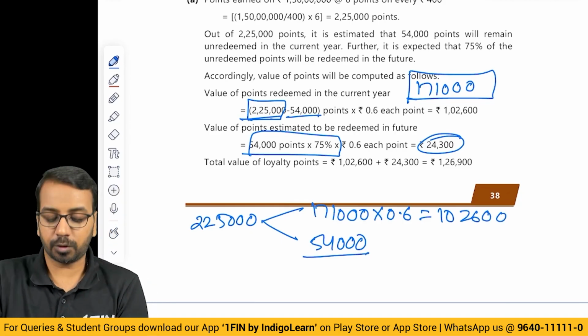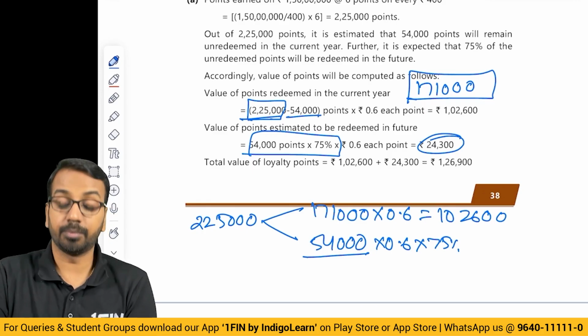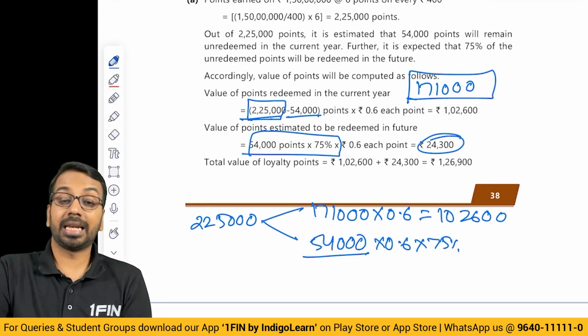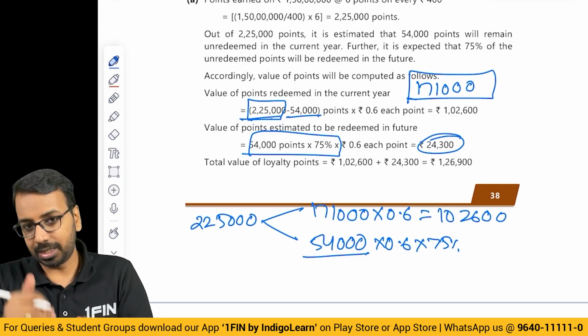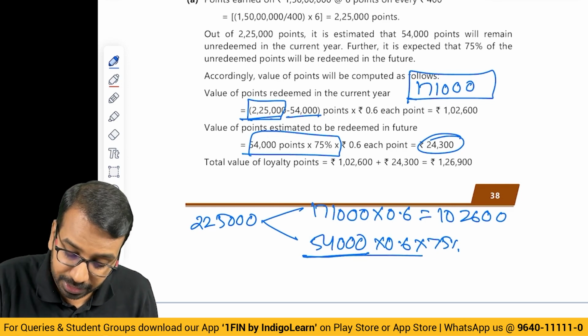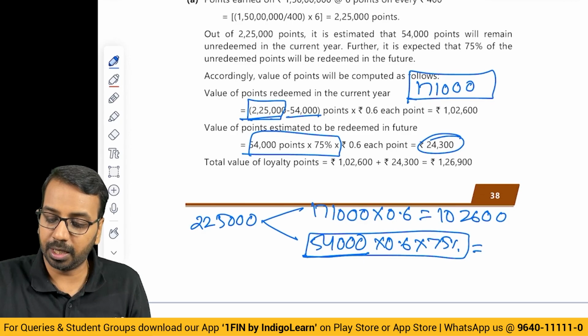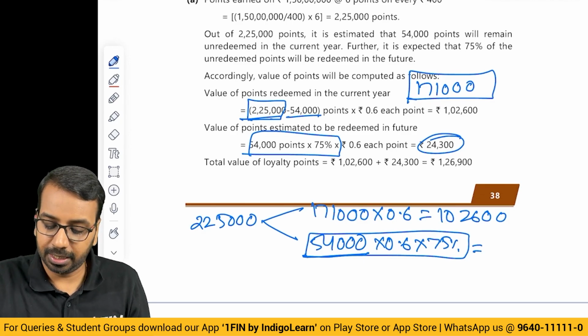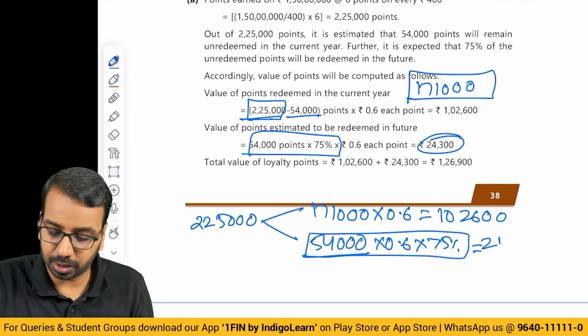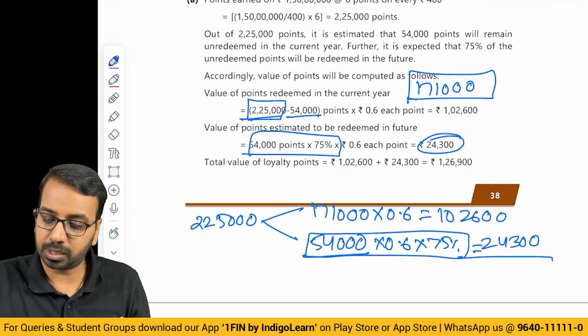And for this 54,000 into 0.6 into 75%, means at the time of booking revenue itself, we are saying whatever is redeemed in the current year has been fully redeemed, and whatever will be redeemed in the future will be redeemed to the extent of 75%. So this will be 54,000 into 0.6 into 75%, that is 24,300.